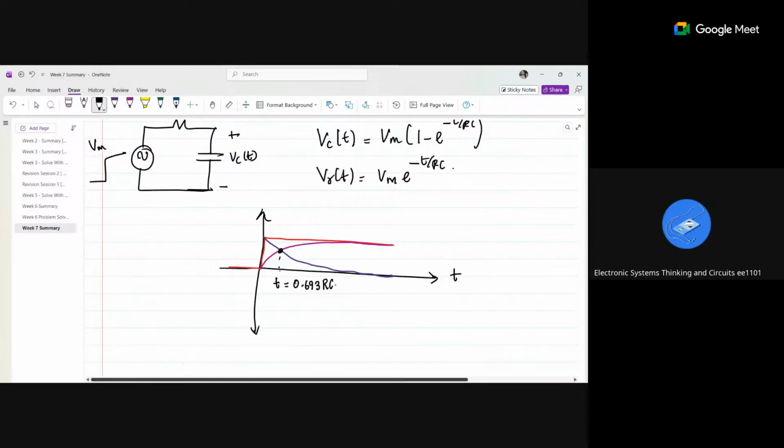What is this point? It is the time taken to reach Vm by 2, right? So that is also the point where these two waveforms meet. Is it clear? High pass and low pass both meet at that one point. So at this point, if you see the amplitude, it will be exactly Vm by 2, half of the peak amplitude.